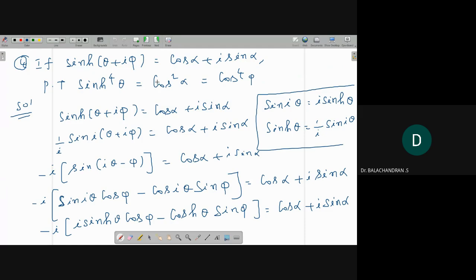Again, I want to tell one more thing. The basic idea is to compare the real and the imaginary part.